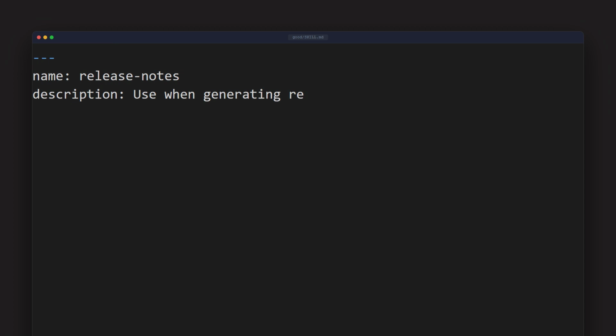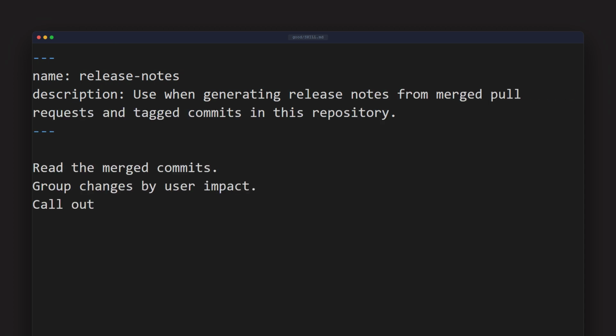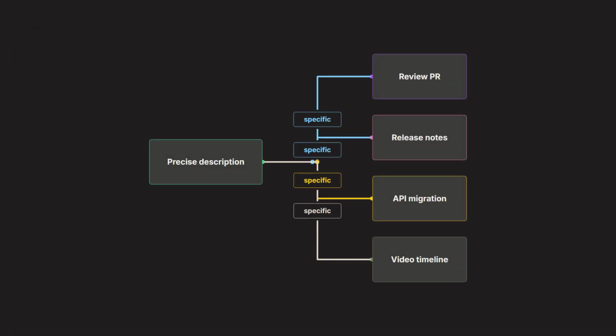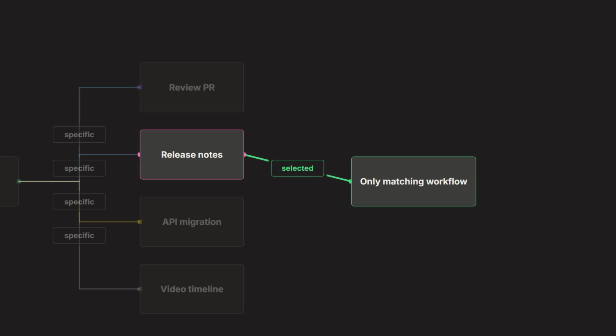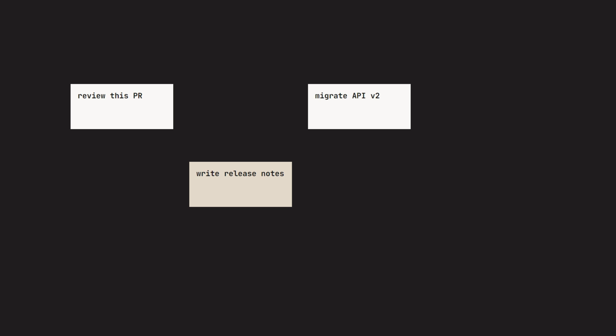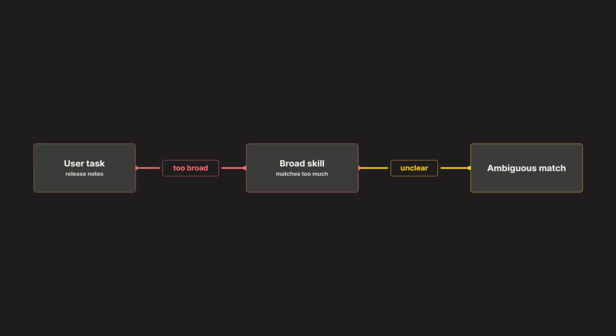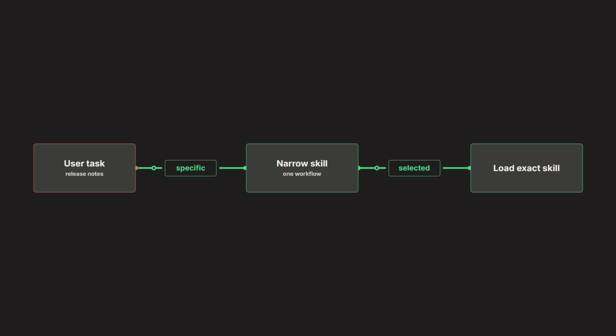A better description says what the skill does and when it should be used, such as reviewing pull requests for a specific repository, generating release notes from merge commits, migrating a project from one API version to another, or creating a video timeline from narration regions. The description should contain the words a user would naturally write when they need that workflow. It should also be narrow enough that it does not match every nearby task.